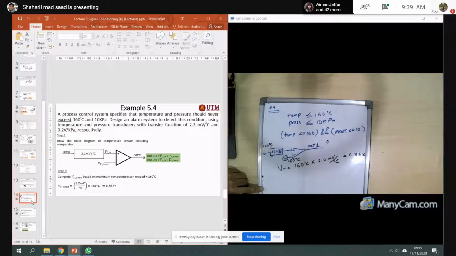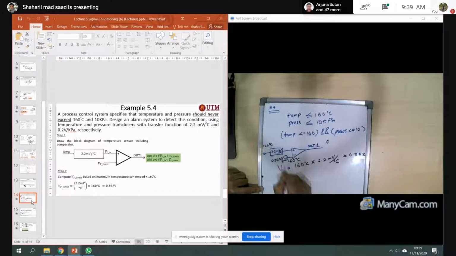But of course, in an electronic circuit, you cannot measure in degrees, right? 160 degrees. So it will be measured in terms of voltage here. That means on this op-amp, at pins 3 and 4, you need to put the voltage 0.352 volt here.